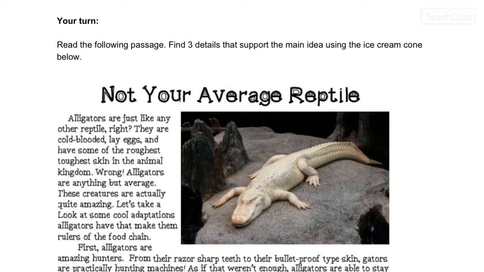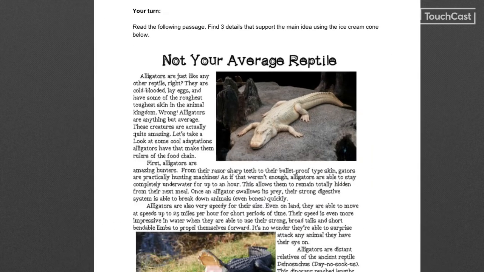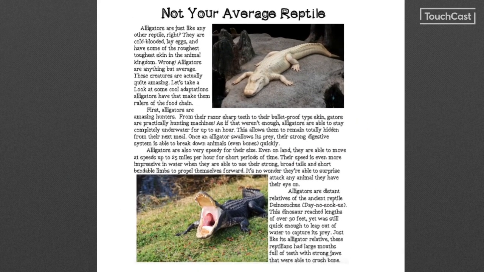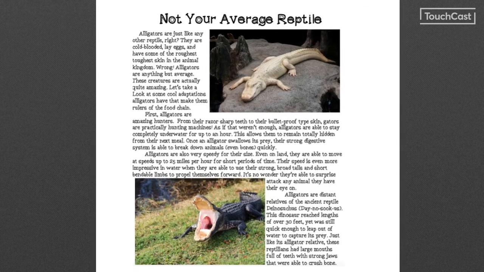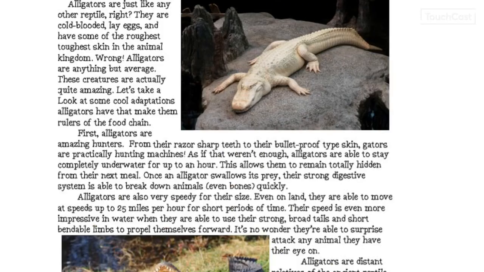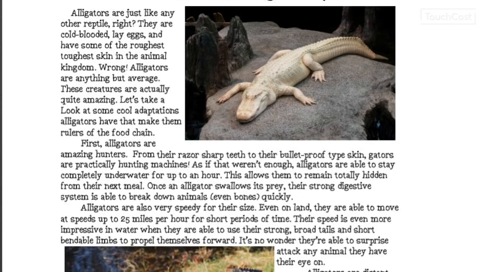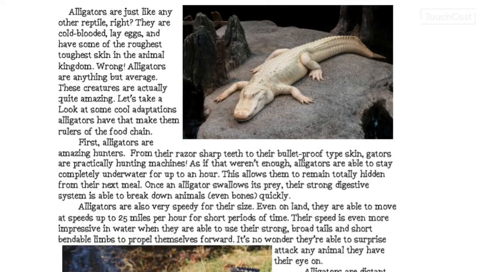Okay, it's going to be your turn. You're going to read a passage, and you're going to find, like we did, 3 details to support the main idea using the ice cream cone below. So let's take a look at what that's going to look like. So here's your passage. Not your average reptile. So I would pause and read. I will go through slowly, so you can also pause and read as you go through.